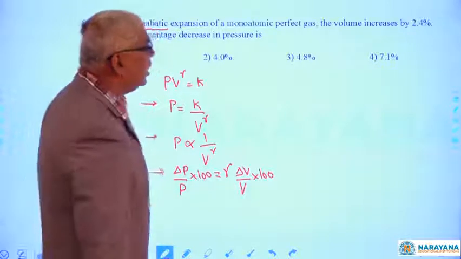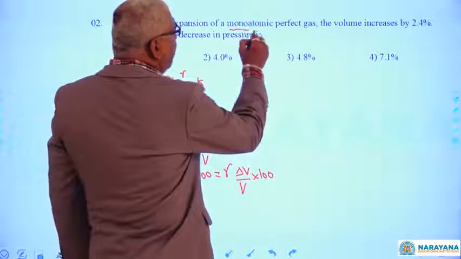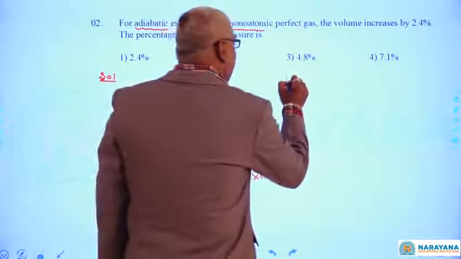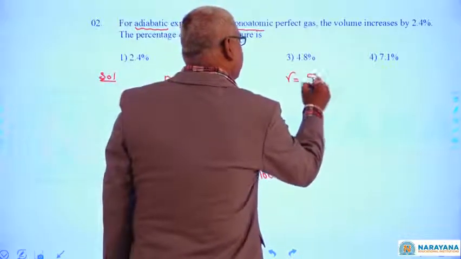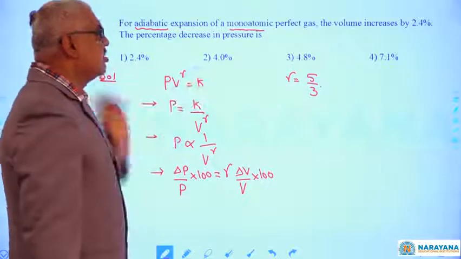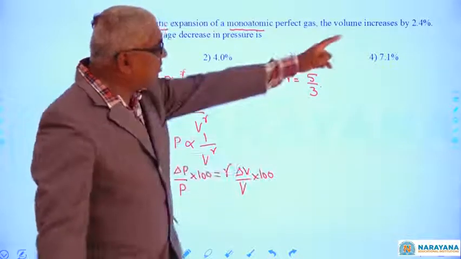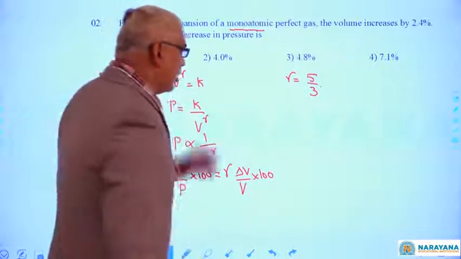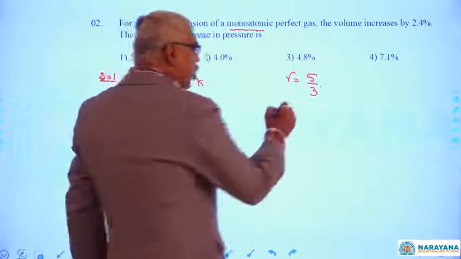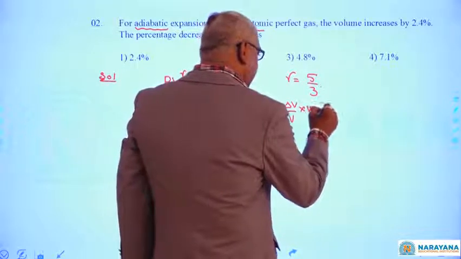Now observe carefully. What kind of gas is it? Monoatomic gas. For a monoatomic gas, the gamma value is 5 by 3. And delta V by V into 100 is given as 2.4%.